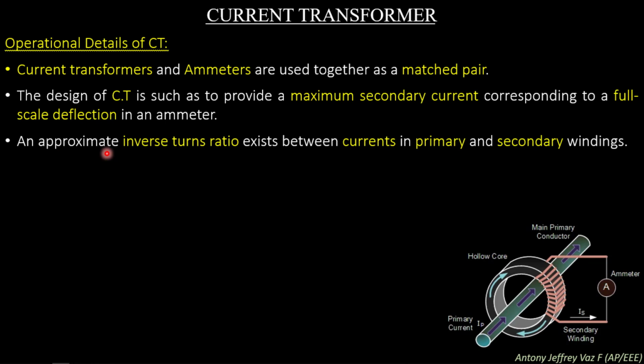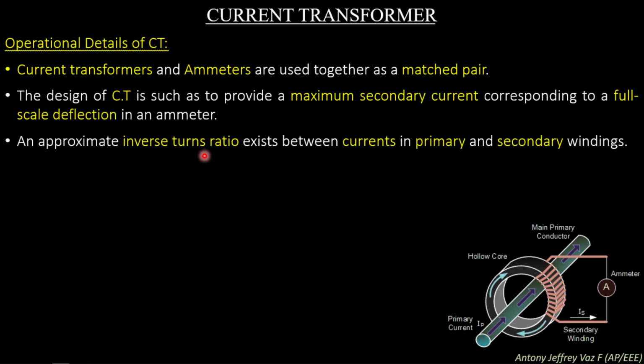An approximate inverse turns ratio exists between currents in primary and secondary windings. To measure the current flowing in the primary of the current transformer, we need a mathematical equation, and this equation should have an approximate inverse turns ratio.